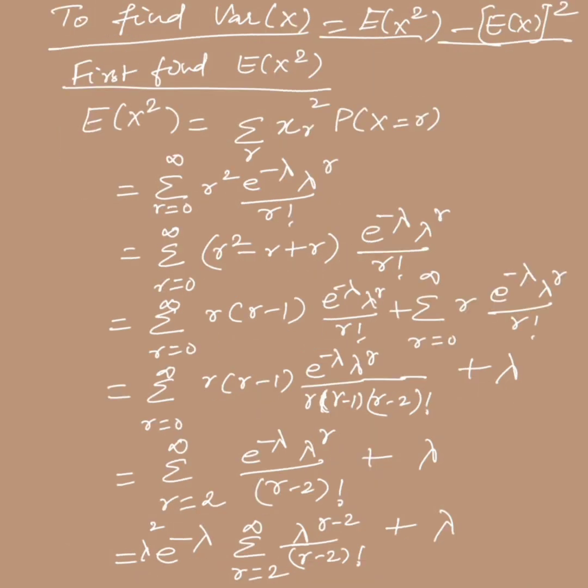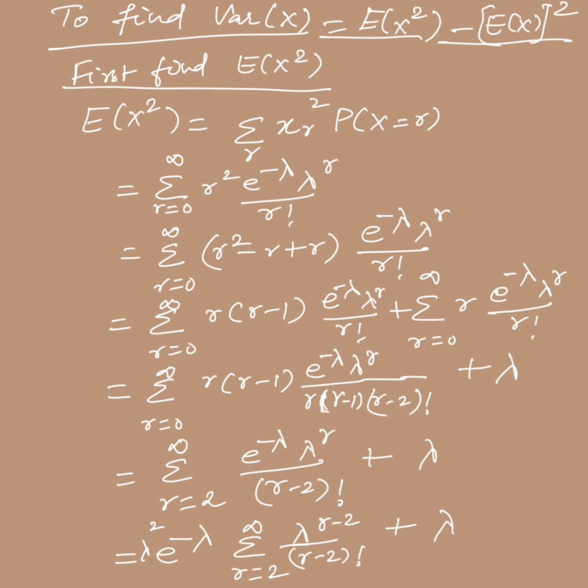Now the variance is going to be obtained in the next part. Variance of x is E of x square minus E of x the whole square. E of x we just obtained, so we now want E of x square.